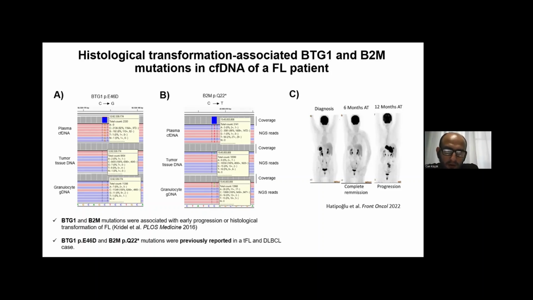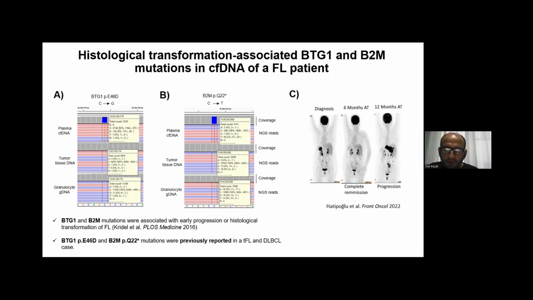Another important point about these genes and mutations is that they were already shown by others to be associated with early progression or histological transformation of follicular lymphoma. Exactly the same mutations were also already reported either in transformed follicular lymphoma or DLBCL. I think this was de novo DLBCL, but sometimes follicular lymphoma transformation may happen to DLBCL also.